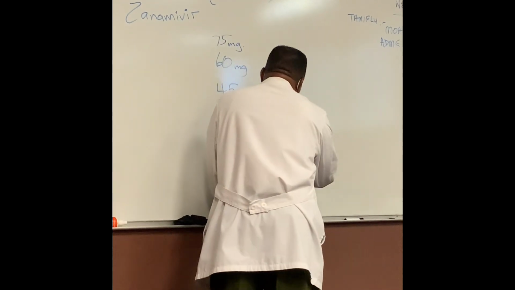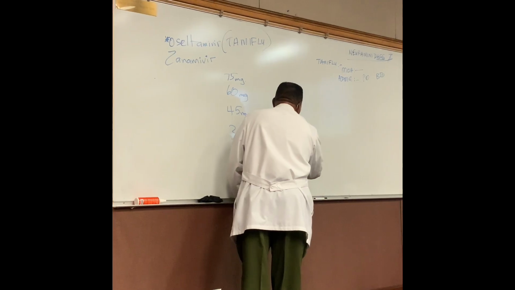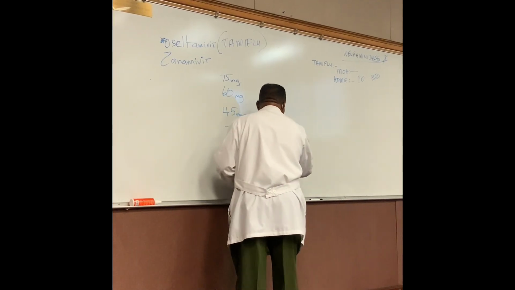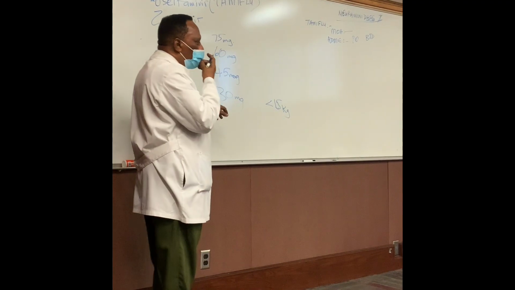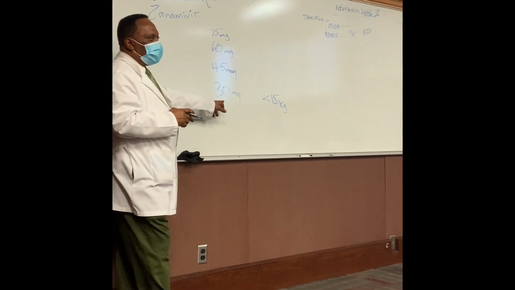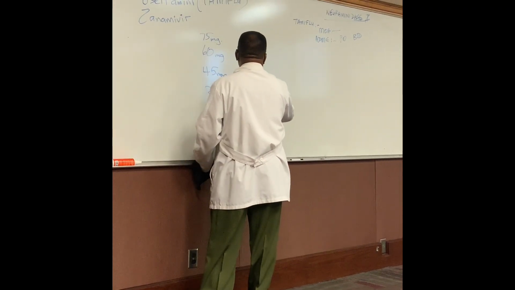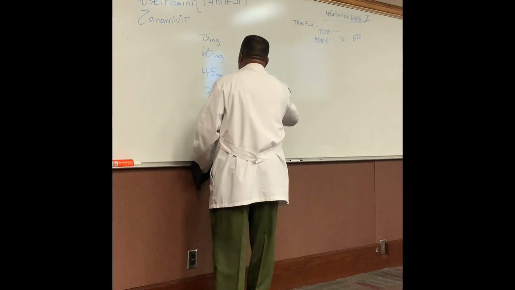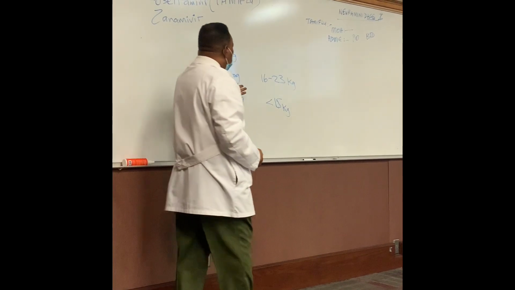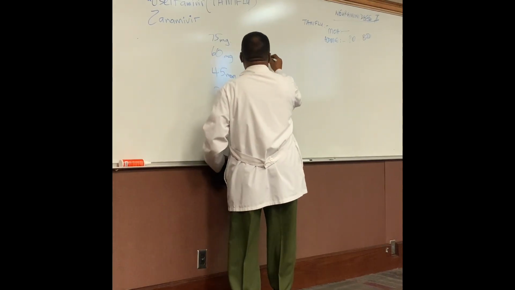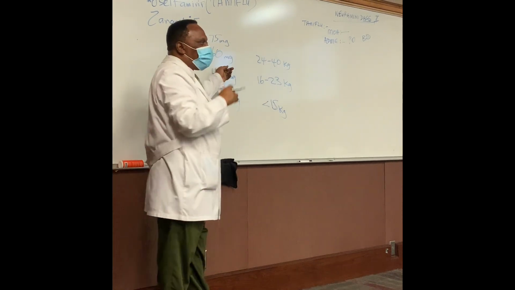if the patient is less than 15 kilograms in weight, you will use the 30 milligram strength. Okay. If they are between 16 and 23 kilograms, you will use the 45 milligram strength. And if they are 24 to 40 kilograms, use the 60.